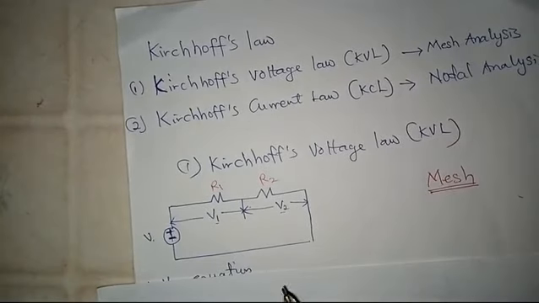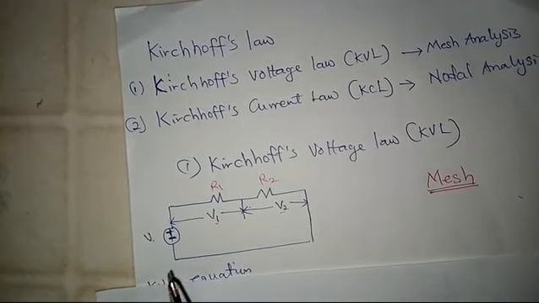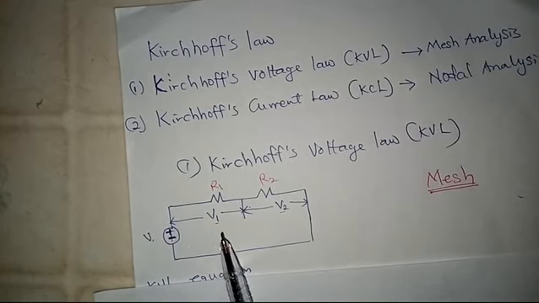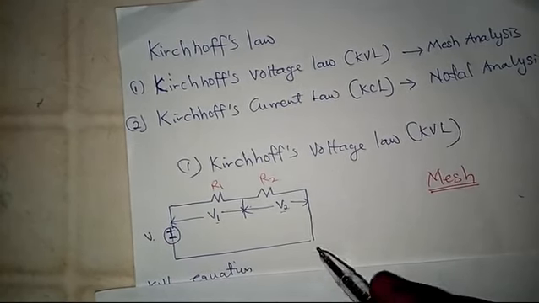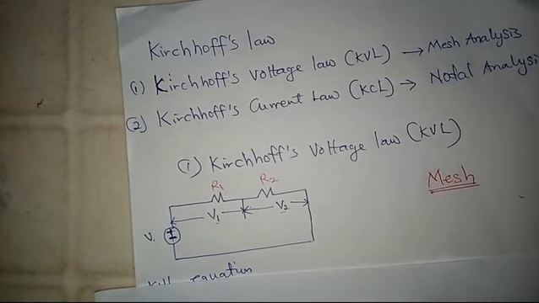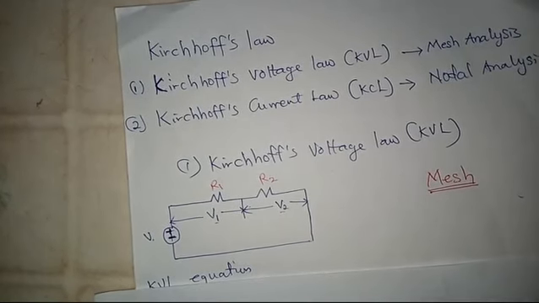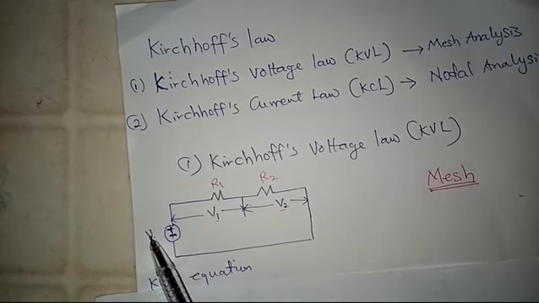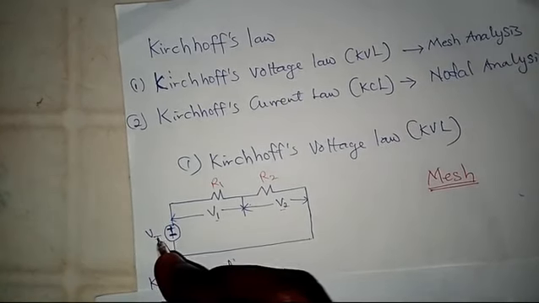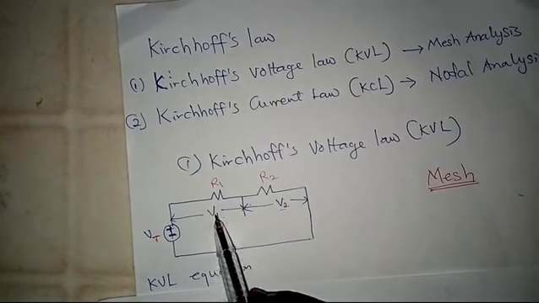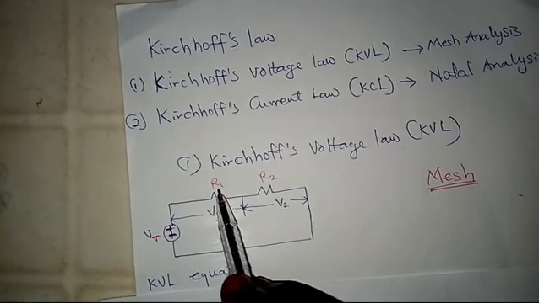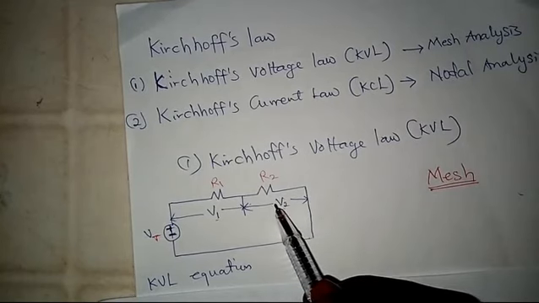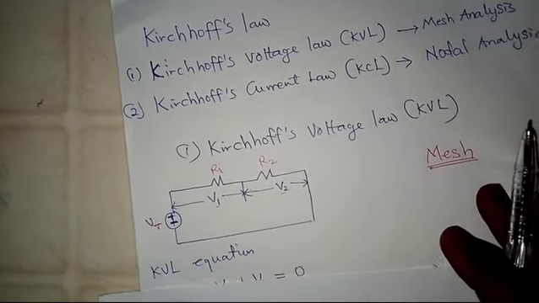Kirchhoff's voltage law states that the algebraic sum of voltages and voltage drops in any closed path or network is equal to 0. You can see that the total voltage here is V, you can call it V total, and the voltage drop at the resistor R1 is known as V1, while the voltage drop at resistor R2 is known as V2.